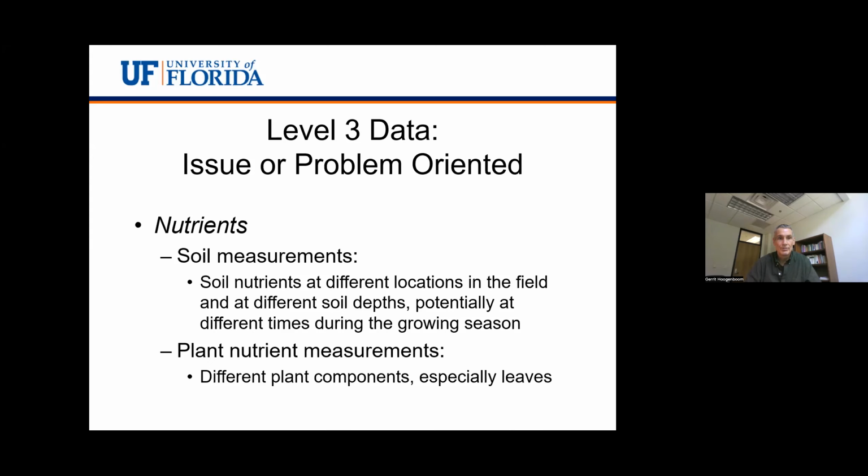If you're more interested in nutrients, again, the same. You could take some soil measurements, different depths, different locations in the field. You can also look at the composition of your plants as well. And again, then you compare the predicted simulations with the observed data.